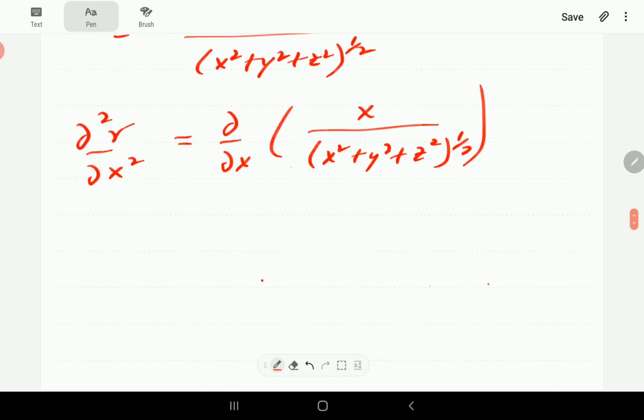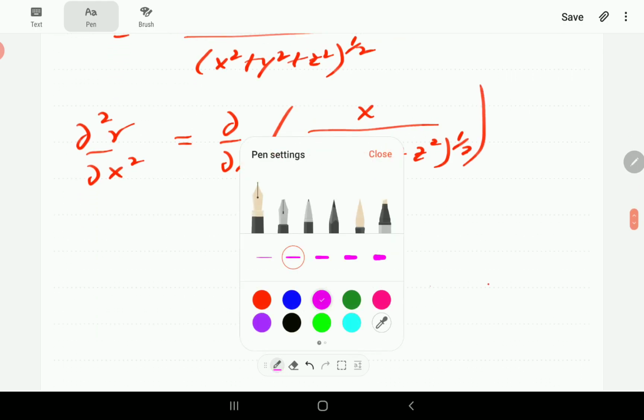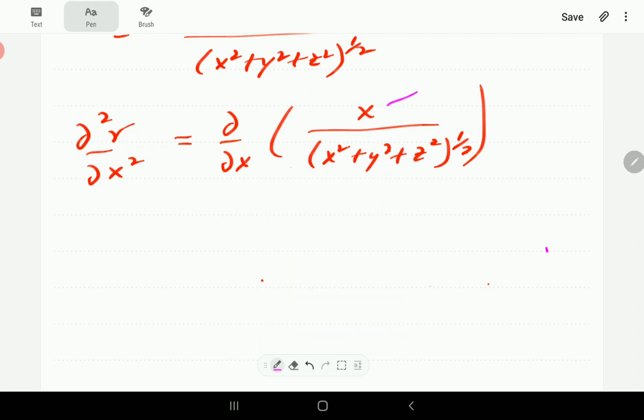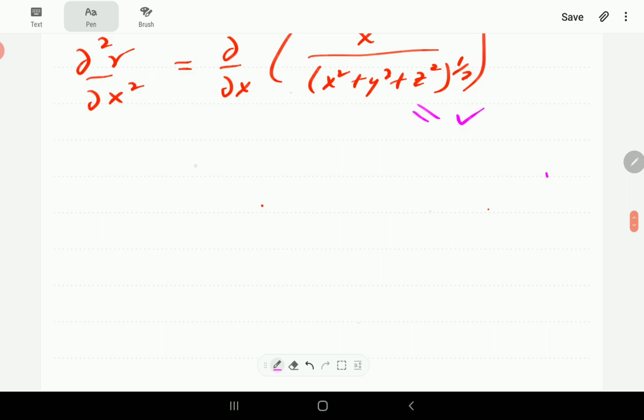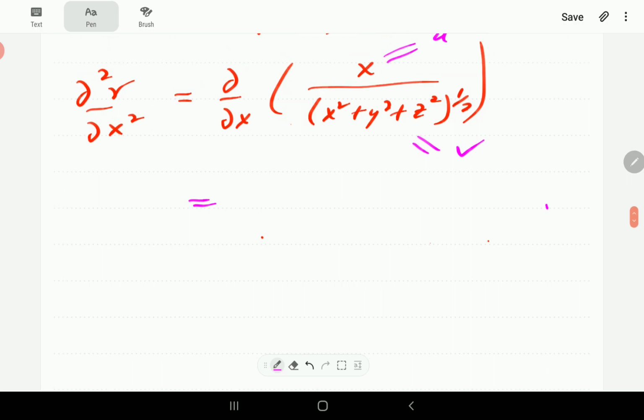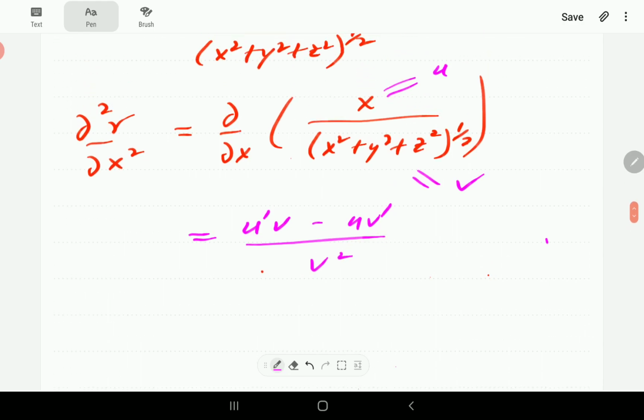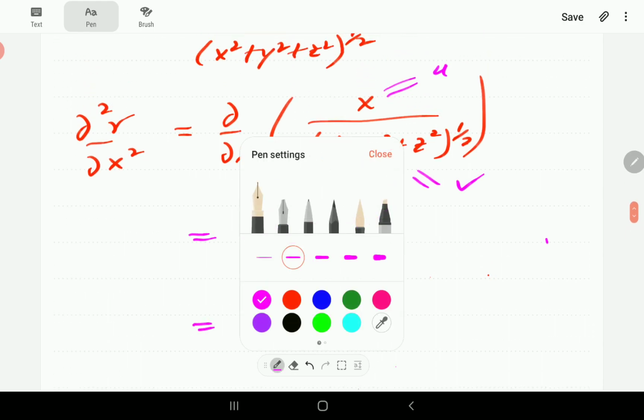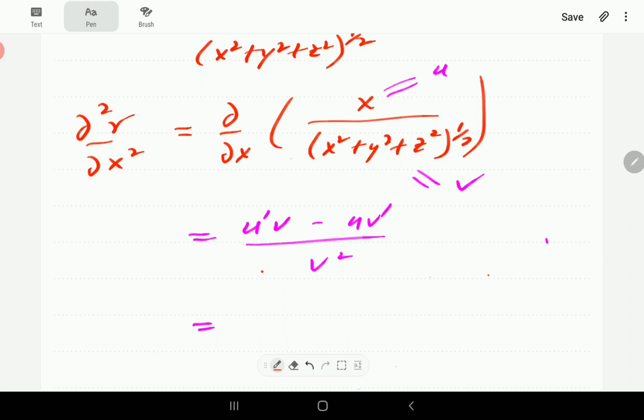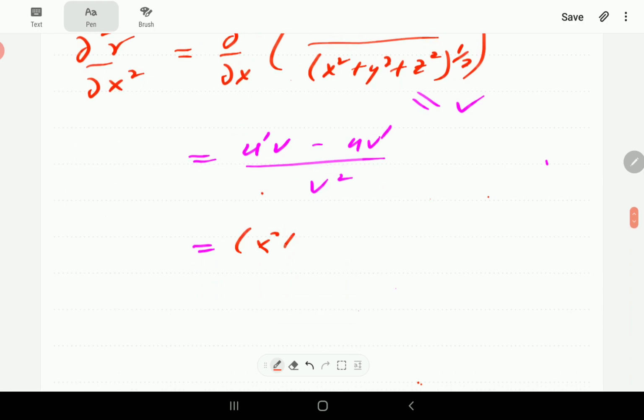So if we do use the quotient rule, this is going to be our u, and this is going to be our v. So remember, in the quotient rule, we have u prime v minus uv prime all over v squared. Now, the derivative of u is going to be 1, and v is x squared plus y squared plus z squared to the power 1/2.